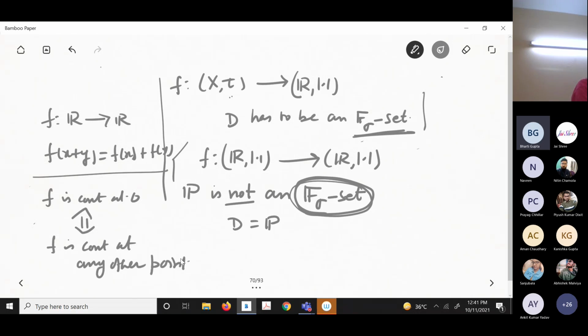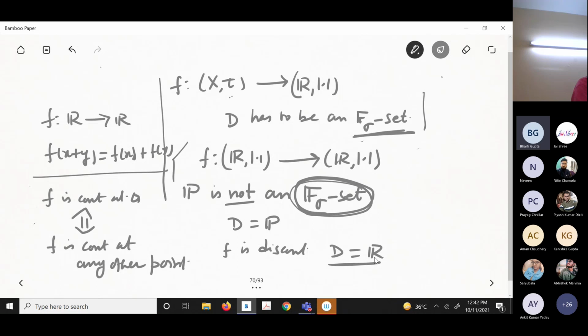You just take the epsilon-delta definition. That means if f is discontinuous, it will have to be discontinuous at each point. That means if f is discontinuous, then D has to be the whole of R.